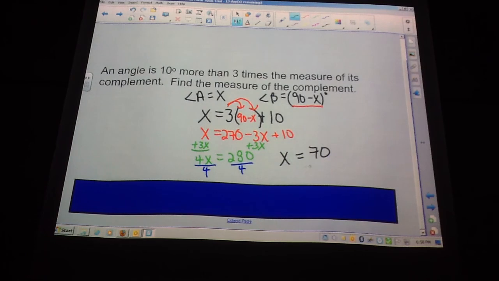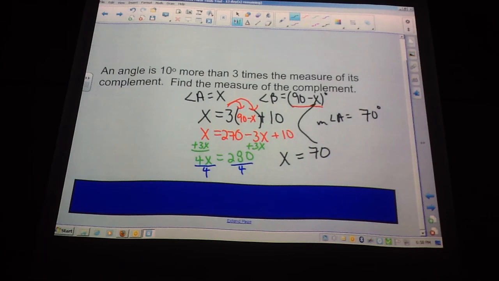So our first angle is 70 degrees, but I think it wants its complement. If we plug the 70 in for x for angle B, then we would get 20 degrees. So its complement would be 20 degrees.